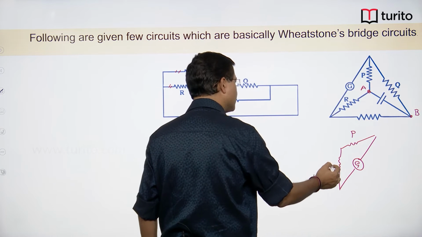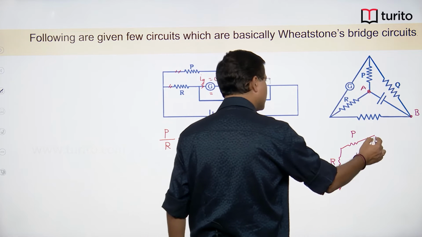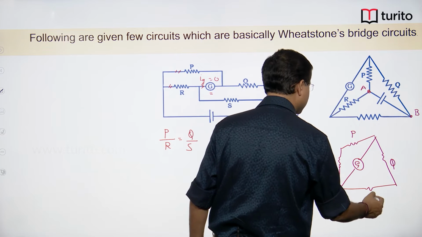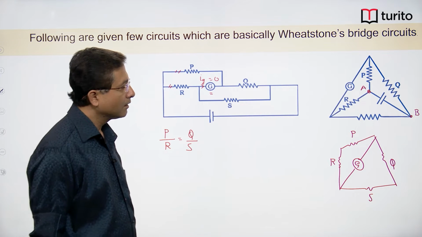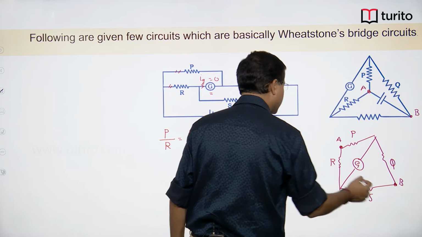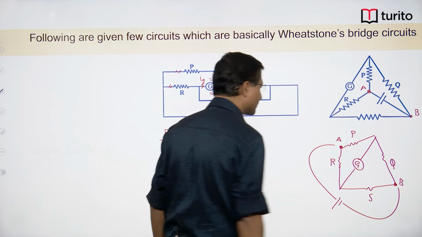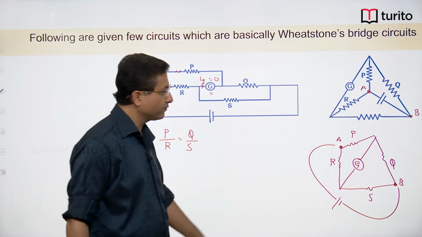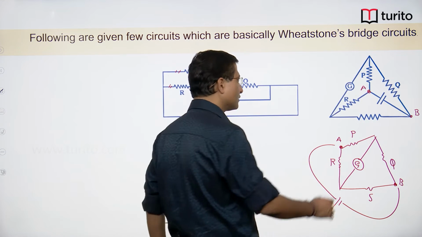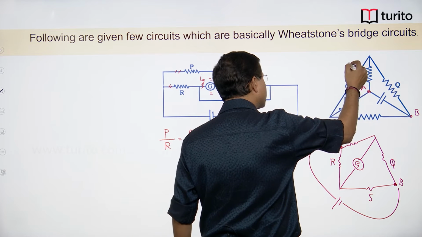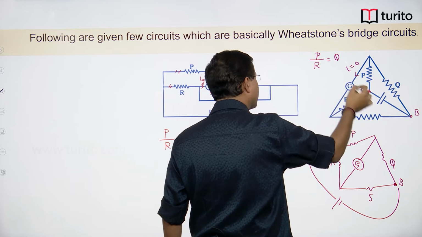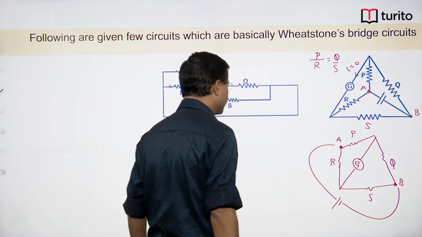This is P, this is R, this one is Q, and say this one is S, and across AB cell is connected. Again, if this one upon this one is equal to this one upon this one, there is no flow of current through this branch. So current through this branch has to be 0 for P upon R is equal to Q upon S.